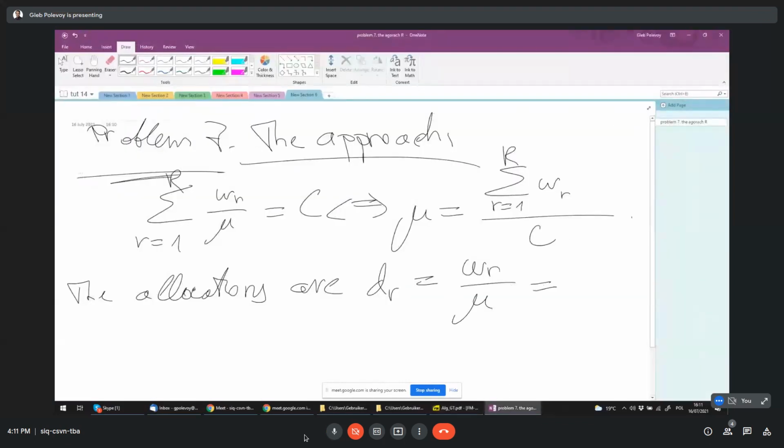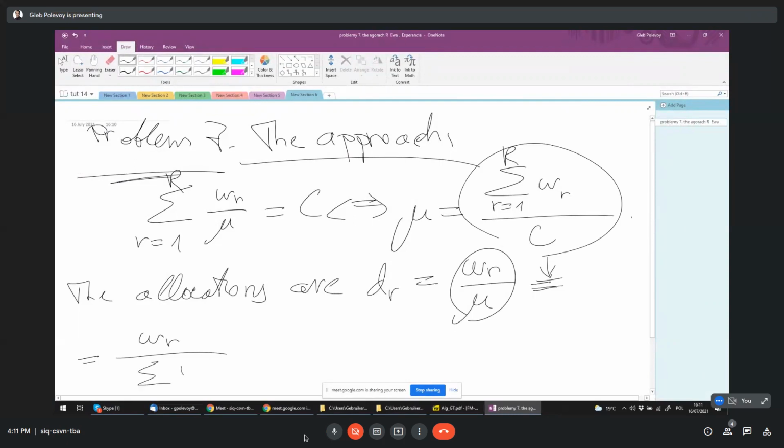Or you can just write it further. That's one approach to find it. Or further, basically what you bid divided by that formula, and substitute this formula, and then we will have the sum of the bids of the others.